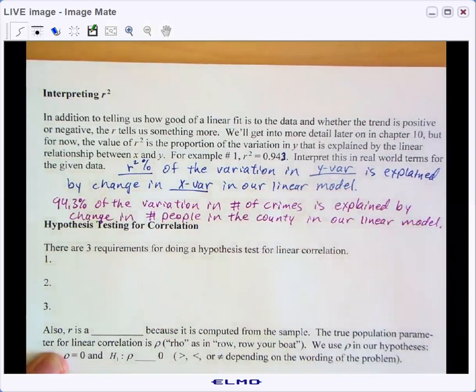Okay, so do you see how we just kind of filled in the blanks there? So that's how we interpret R squared.